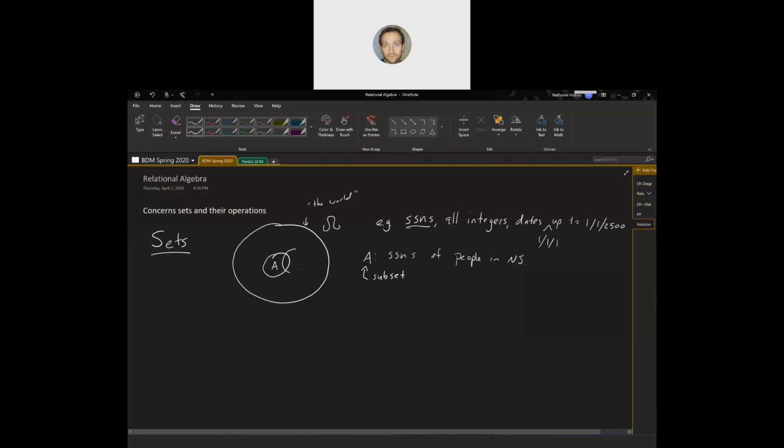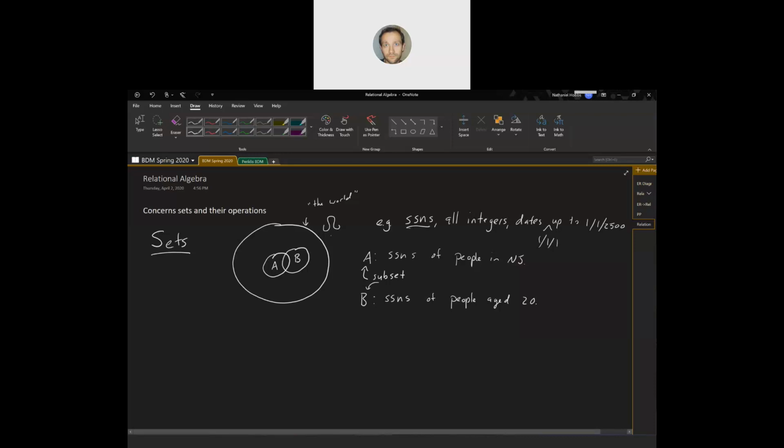You could have, for example, another set, B, that's also a subset. And maybe this is social security numbers of people aged 20. So only people who are 20 years old right now. And A and B are each subsets of the world omega.